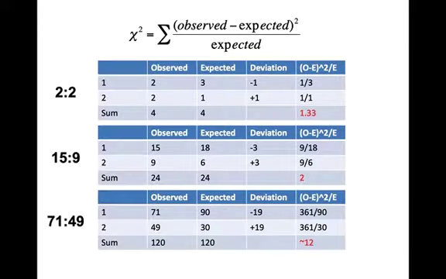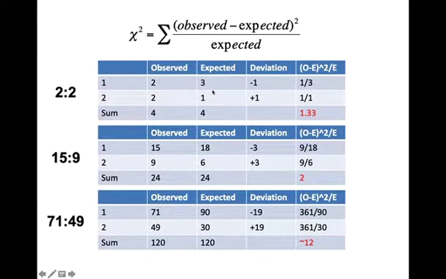So let's walk through some examples of this. Let's go back to the cases where it's 2 to 2, 15 to 9, and 71 to 49. We're going to calculate this chi-square test statistic. This is category 1 and category 2, round and wrinkled, round and wrinkled, round and wrinkled. We observed 2 and 2, or 15 and 9, or 71 and 49.